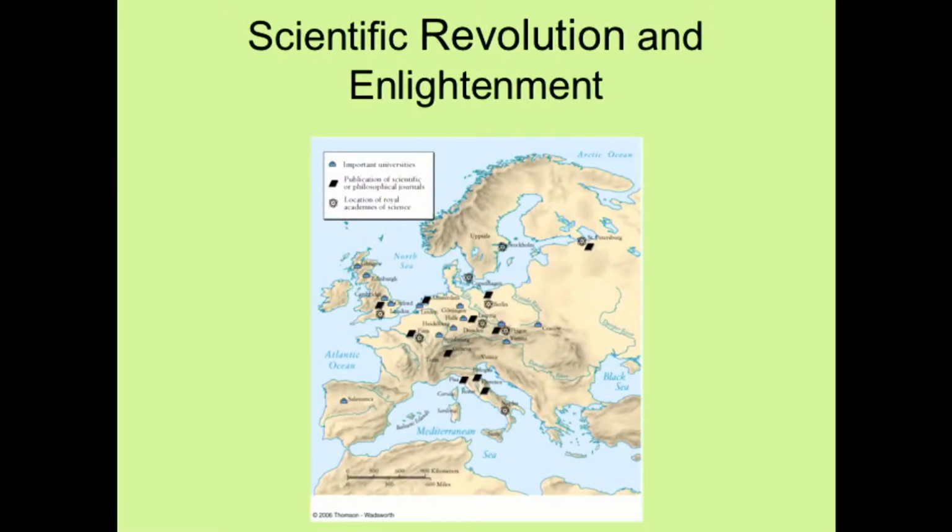Remember, the primary goal of our course is to show how our world became modern. So this so-called scientific revolution was one of these historical events that opened the doors to the modern world, which created the modern world.